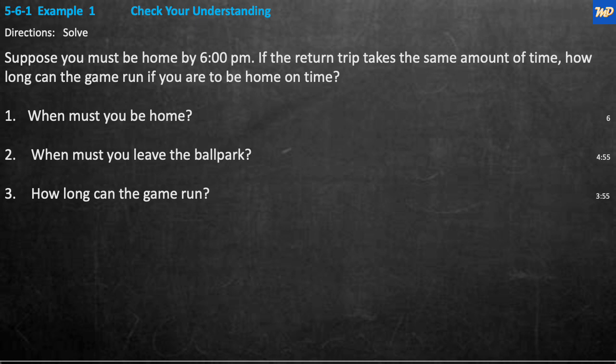Okay, so for example 1, check your understanding. This is your turn to shine, so to speak. So here's the question. Suppose you must be home by 6 p.m. That kind of implies that there's a time you must leave the ballpark, right?